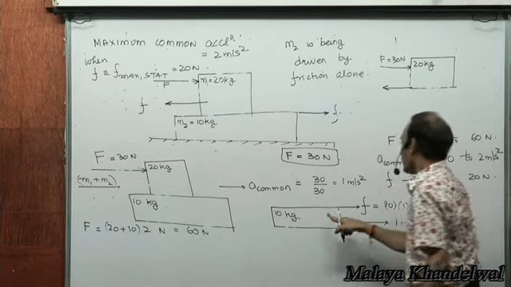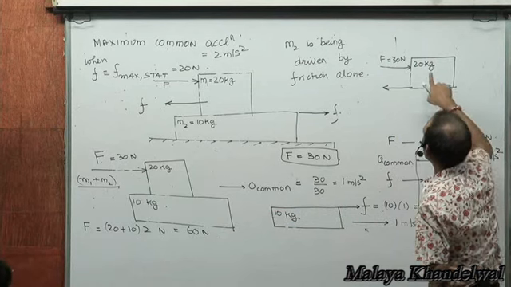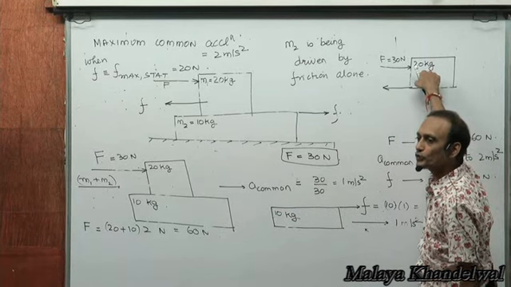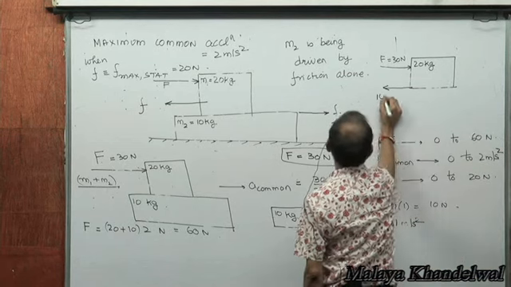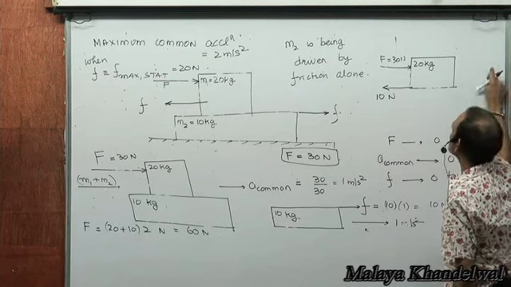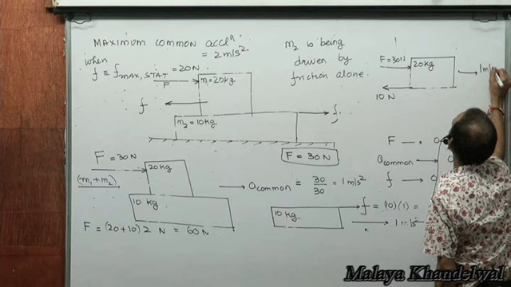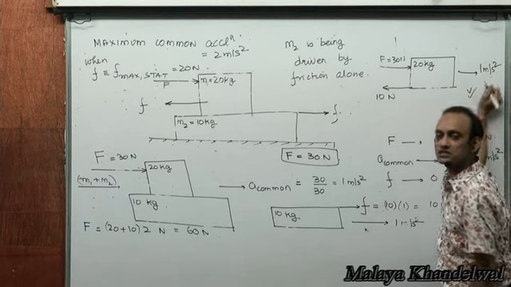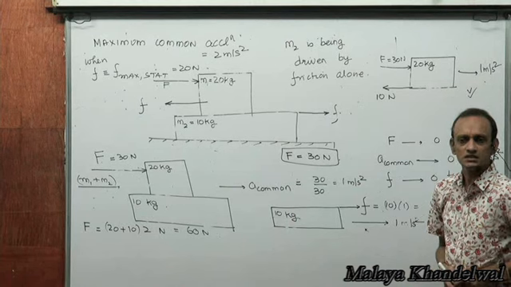Now, on the 10 kg block, the frictional force is 10 newtons to the right. So what would be the magnitude and direction of frictional force on the 20 kg block? 10 newtons to the left. What is the net force acting on it? 20 newtons divided by 20 kgs. That gives me 1 meter per second squared as the acceleration. So consistent. This exhibits consistency. Yes or no?